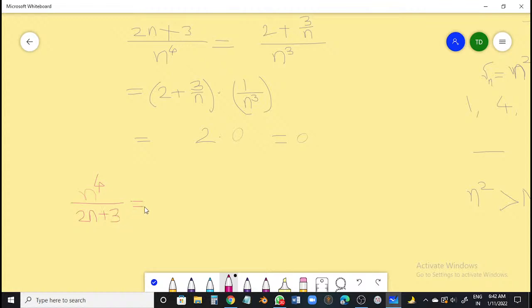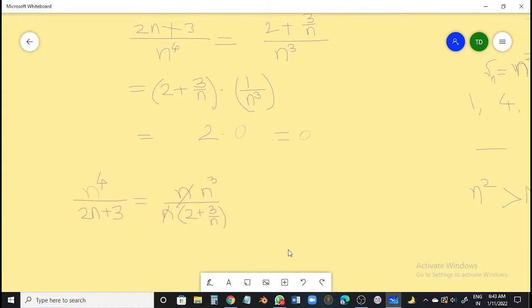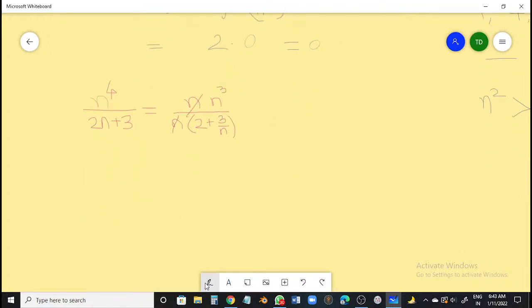You will take n common from the denominator and you are left with 2 plus 3 by n, and n raised to 4 means n into n cube. I can get this n cancelled and I am left with n cube upon 2 plus 3 by n. Now just go with the terms, first term, second term, third term.